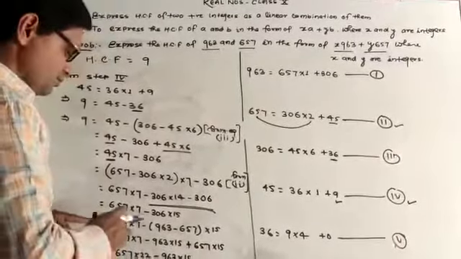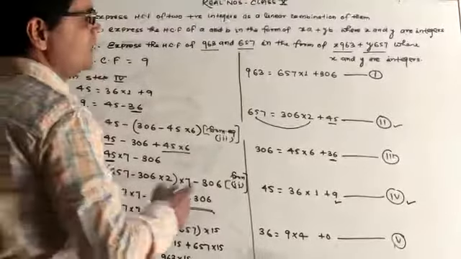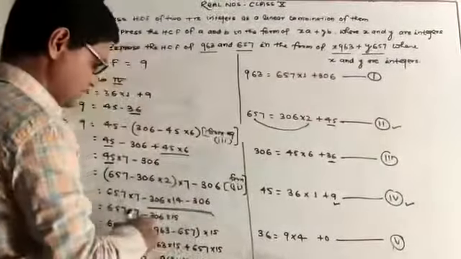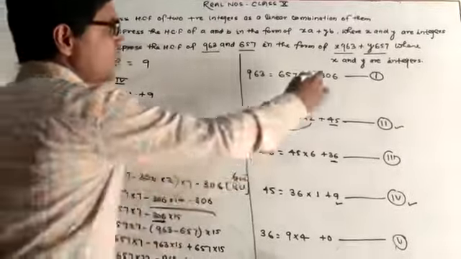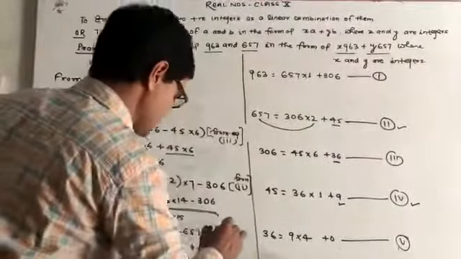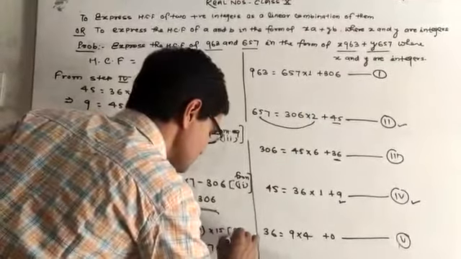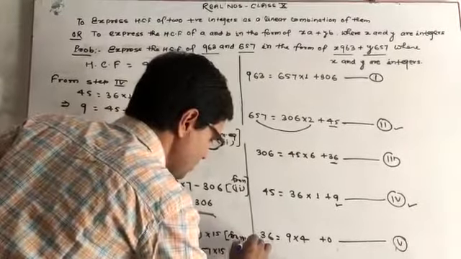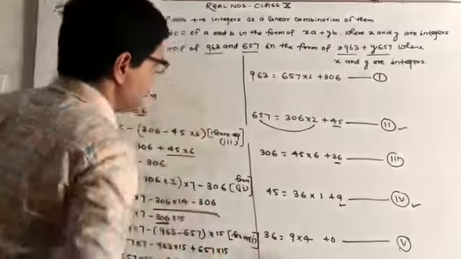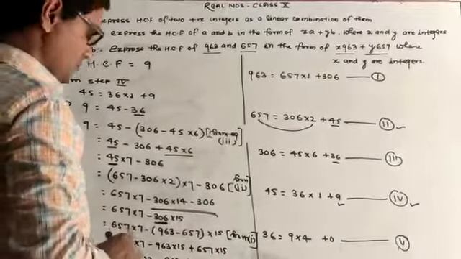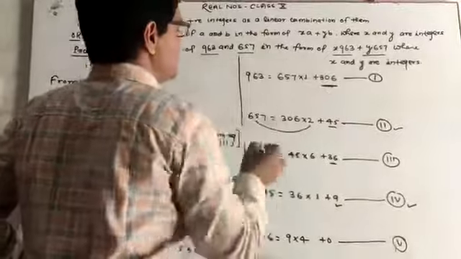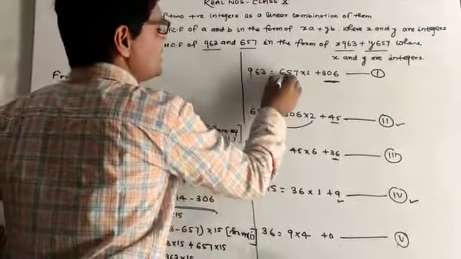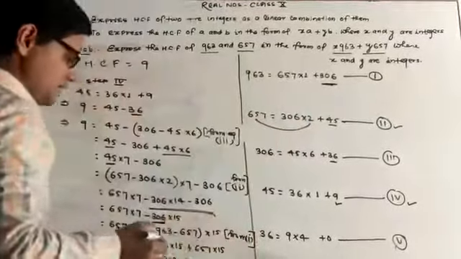Now we will replace this 306 from equation 1. From equation 1, you can replace 306 by 963 minus 657 into 1.